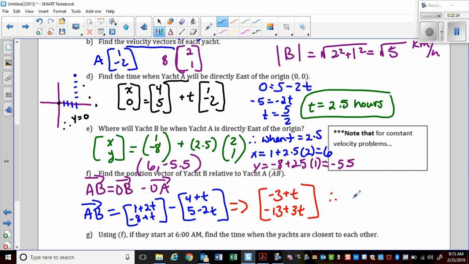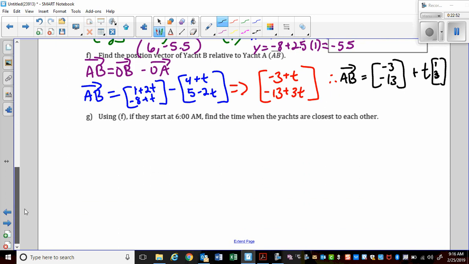Therefore, AB is (-3, -13) plus T times (1, 3). Alrighty. Okay, one more, guys.